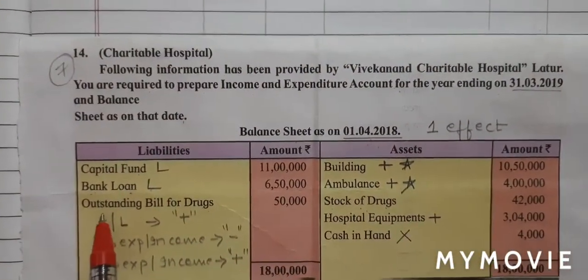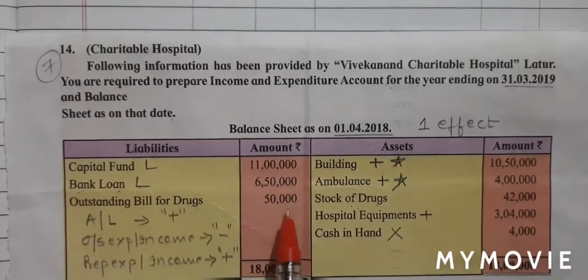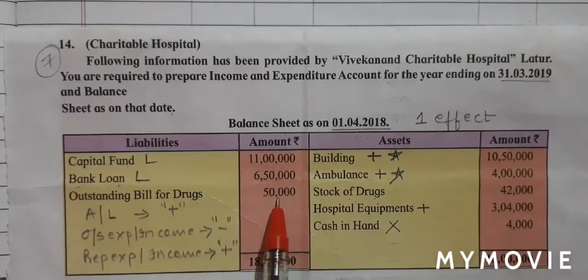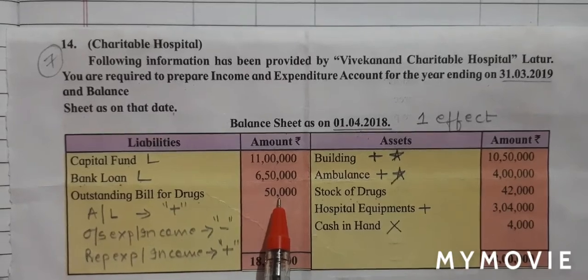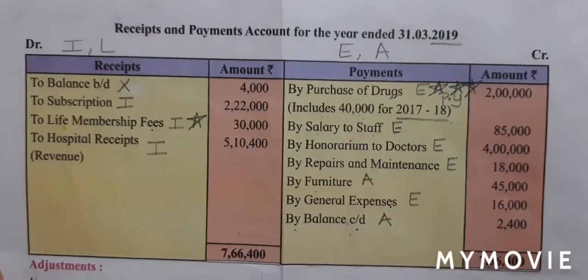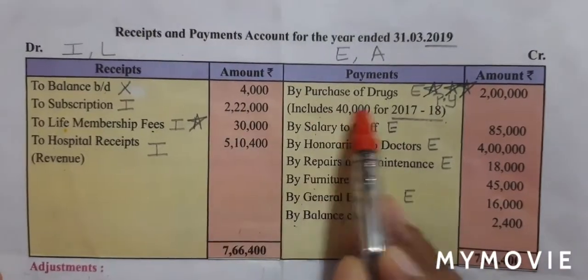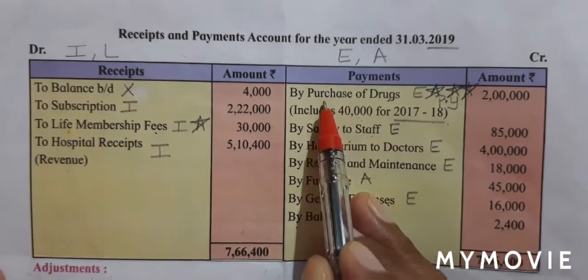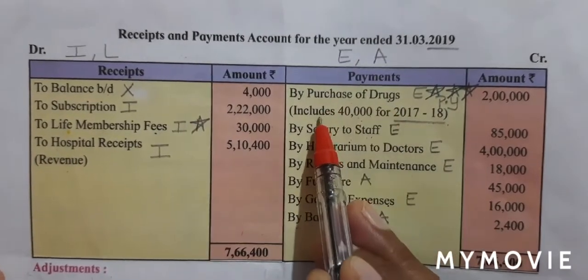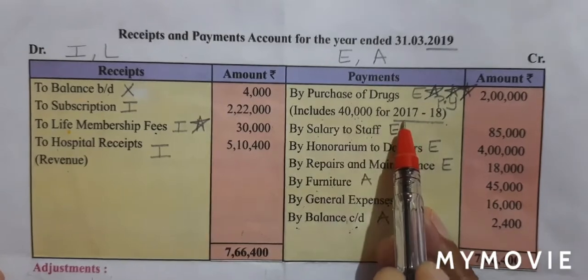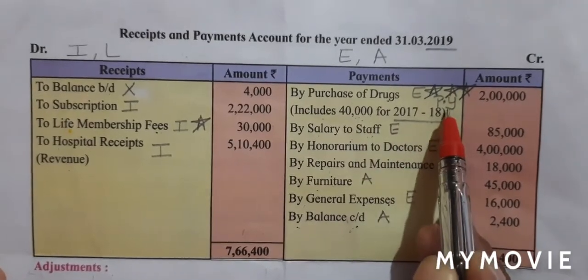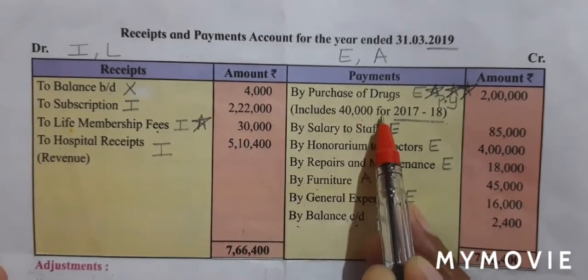Next is outstanding bill for drugs, rupees 50,000. For this, students, we will have to see the payment side. If you look at the payment side, it says that purchase of drugs includes 40,000 for 17-18. That means for the previous year it includes 40,000.